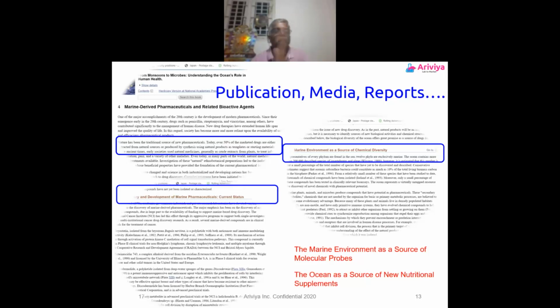There are a lot of reports. The marine environment is a big source of molecular probes, and there is also a huge nutrition value in the ocean.